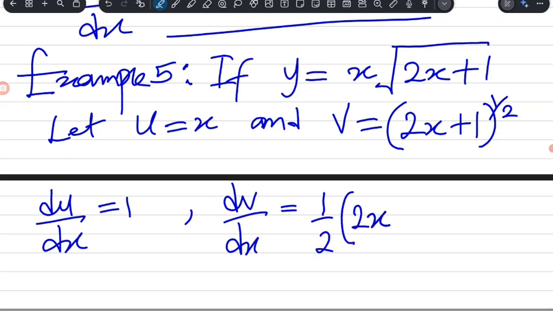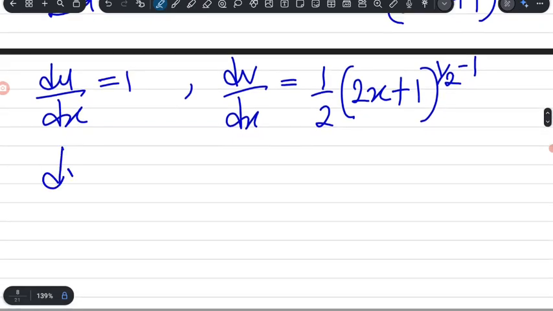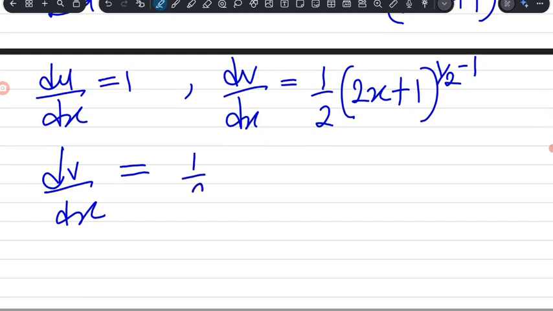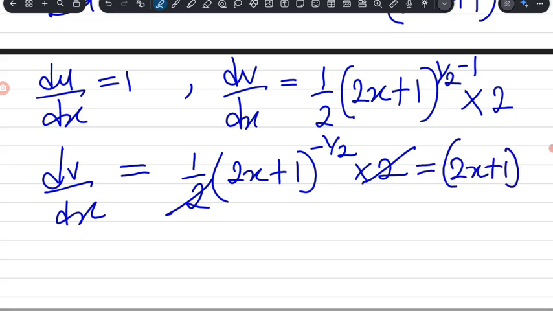You rewrite it according to the composite rule, (2x plus 1) all raised to power half minus 1. So telling you that dv/dx is equal to 1 over 2 multiplied by (2x plus 1) raised to power minus half times 2, and it will cancel, which will give you (2x plus 1) raised to power half.